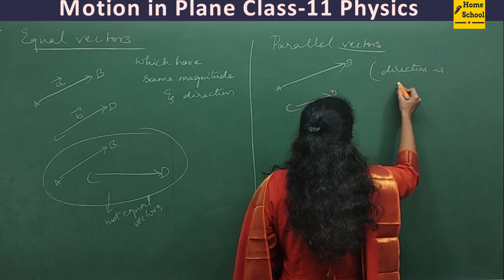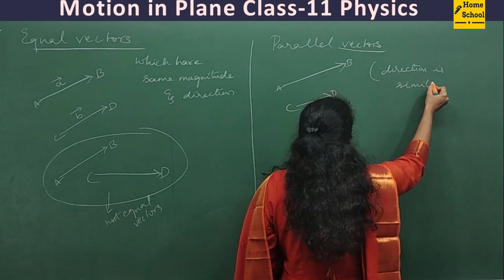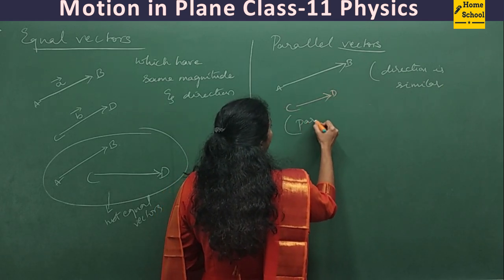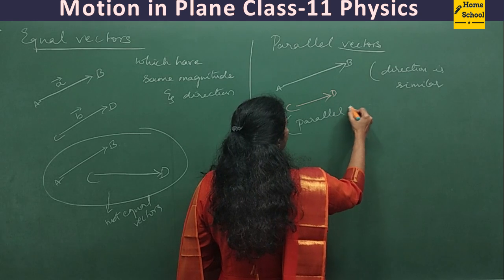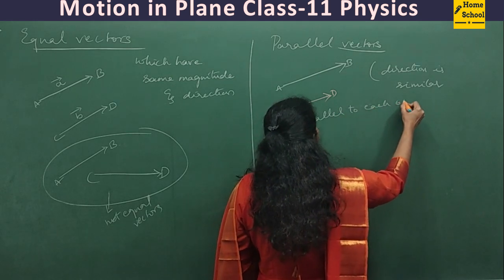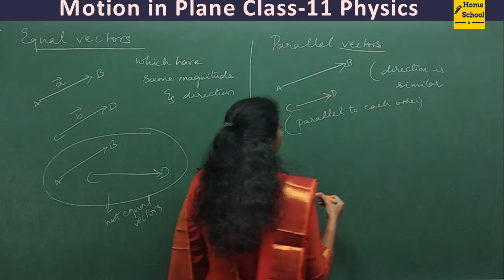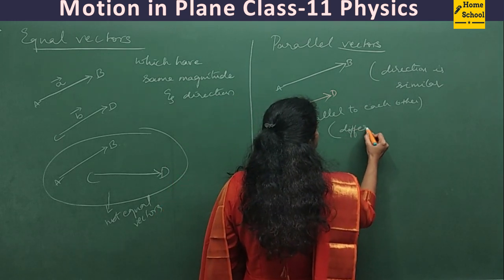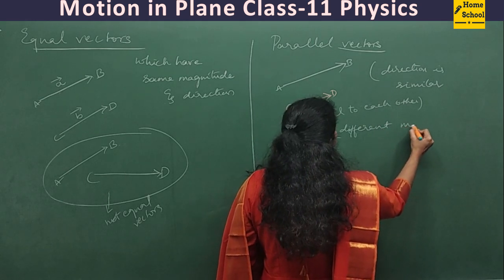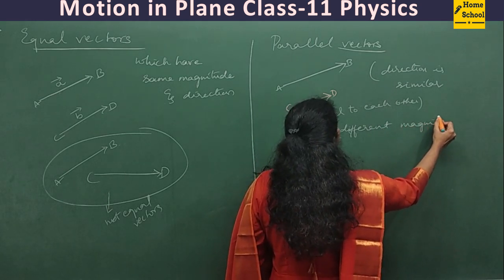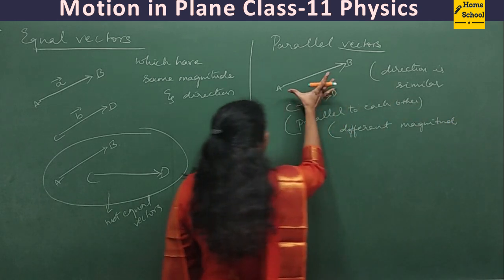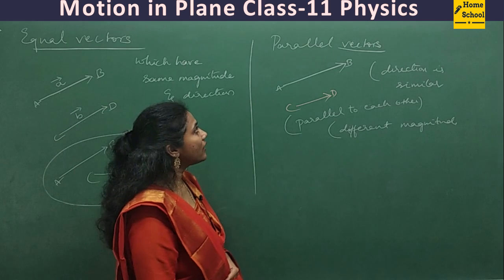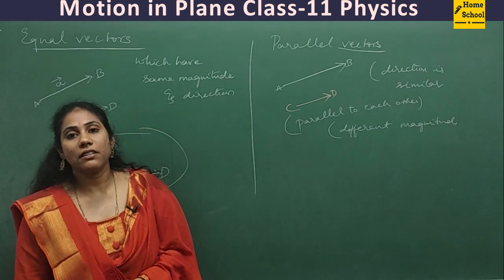Direction is similar, the direction is parallel. Both are parallel to each other, but the magnitude is different. Just observe the length of the arrow. This is quite a bigger arrow and this is a smaller arrow. Such vectors are called parallel vectors.